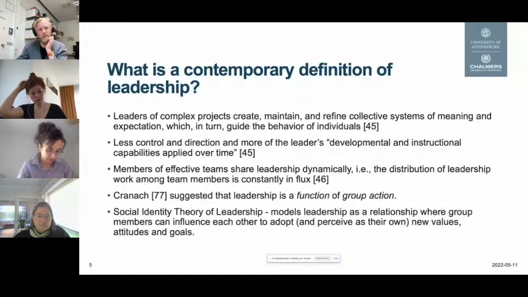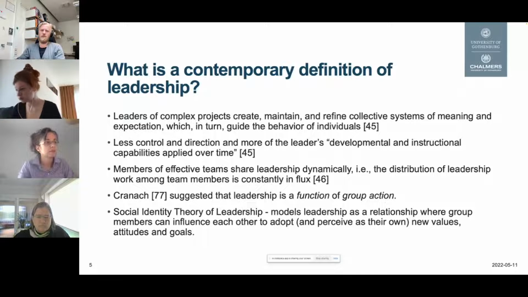We figured out that what the participants said about agile leadership is in line with contemporary definitions of leadership, mostly in psychology research on leadership. So a couple of examples here: the fourth bullet point, Cranach, even defines leadership as a function of group action.